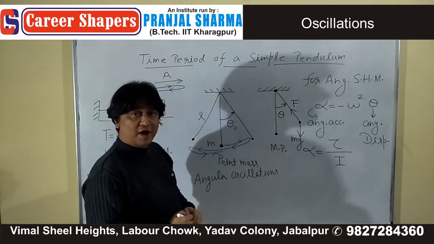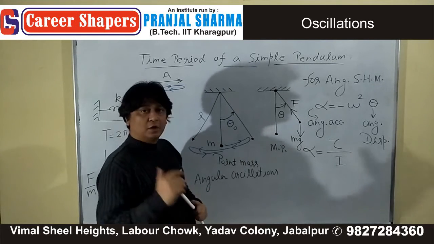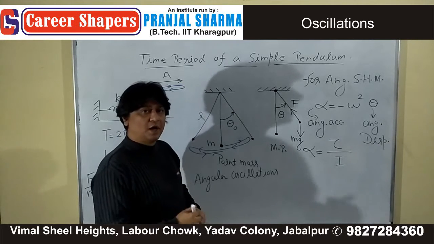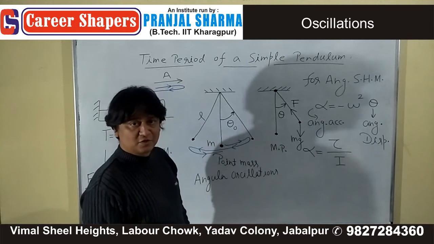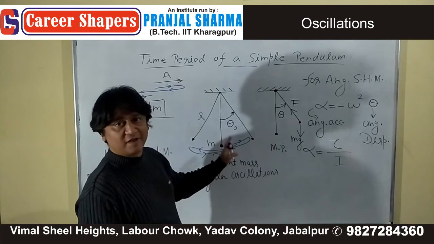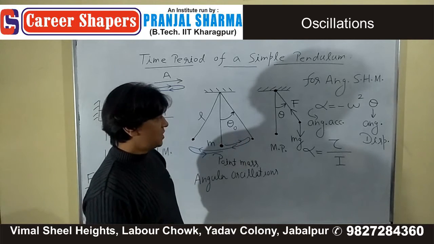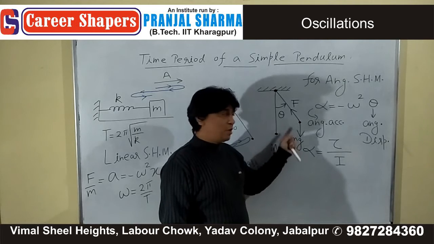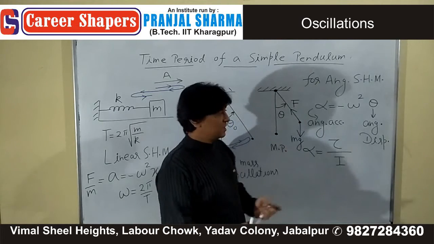Now, how do you find torque? Torque is force multiplied by the perpendicular distance of the force from the axis of rotation. That's how we have defined torque. There are two forces, F and mg. What about the torque of F?